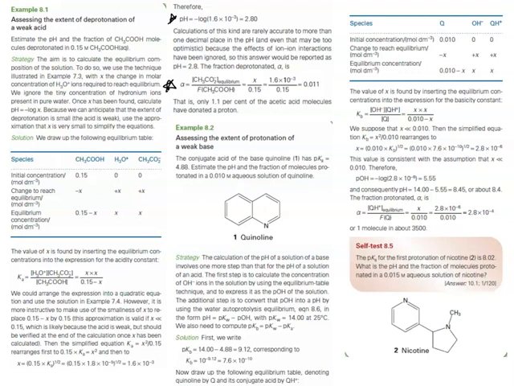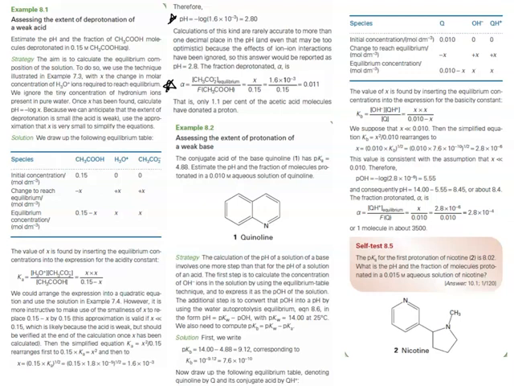Because of this, the equilibrium concentration can be expressed for quinoline as 0.010 minus X, and the equilibrium concentrations of both hydroxide and the conjugate acid are each X. The value of X is found by inserting the equilibrium concentrations into the expression for Kb. Kb equals the concentration of hydroxide times the concentration of the conjugate acid divided by the original species, in this case quinoline.